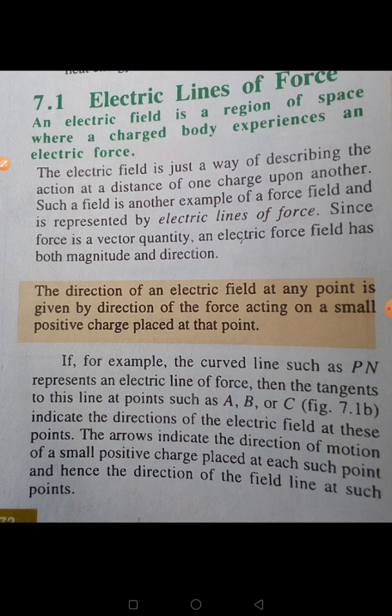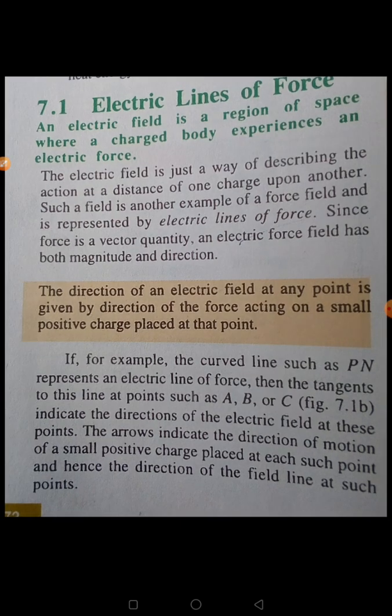So if, for example, the curved line such as PN represents an electric line of force, then the tangent to the line at points such as A, B, C indicates the direction of the electric field at this point. The arrow indicates the direction of motion of a small positive charge placed at each such point, hence the direction of the field line at such point. The diagram that I'm going to show is going to elaborate on this point I just made.